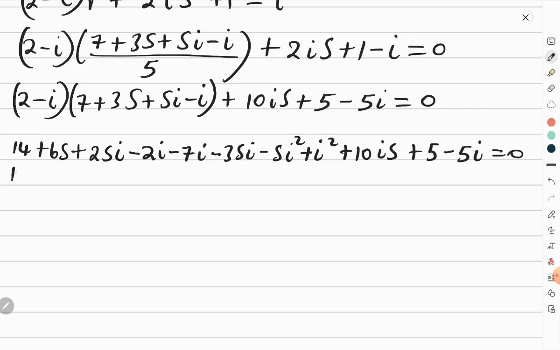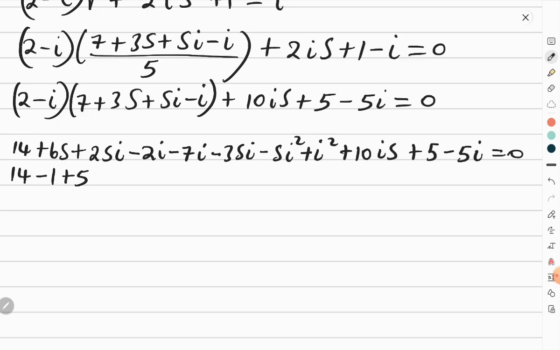So we have 14. Then this one is just a real number, because i squared is just negative 1. So we just have negative 1. Then we also have this one, which is 5. Then we say plus 5. Then I think we are done with numbers.